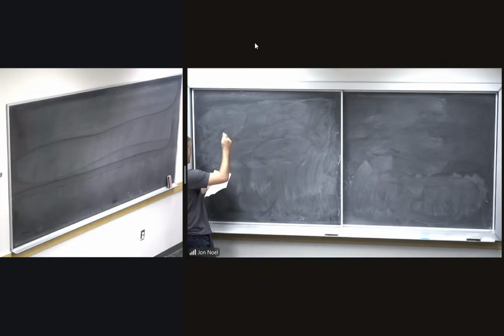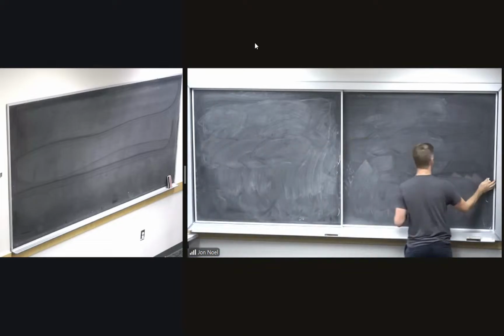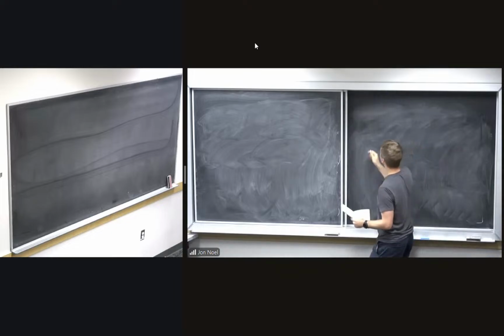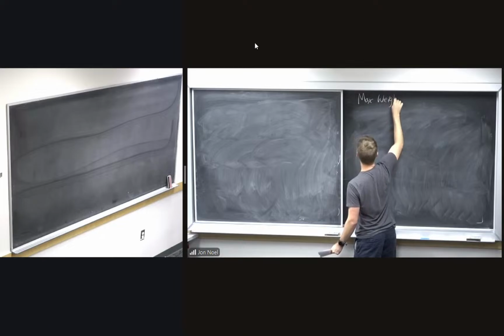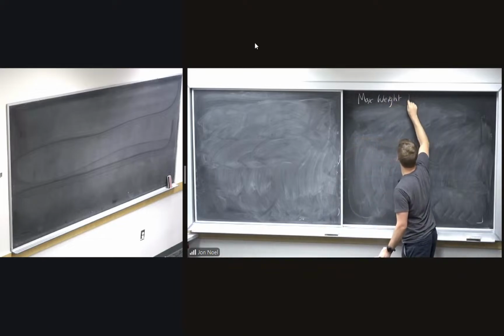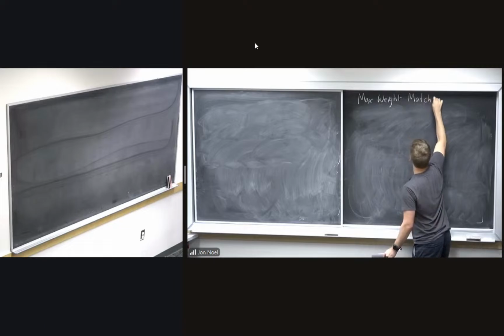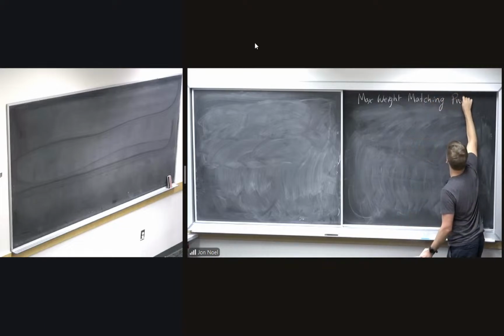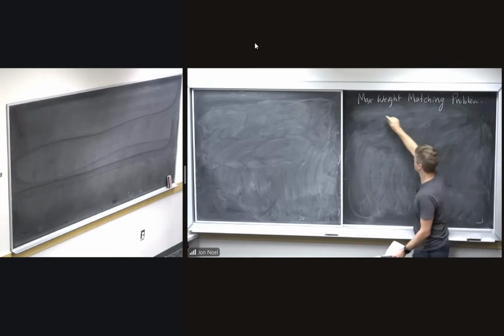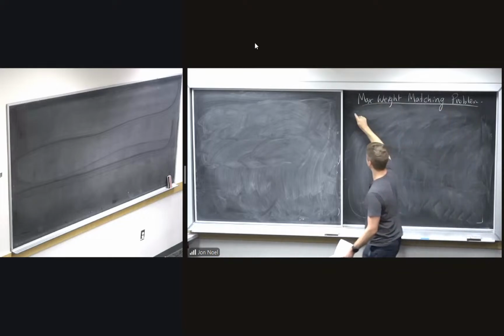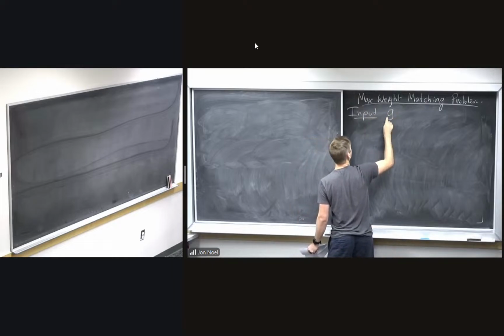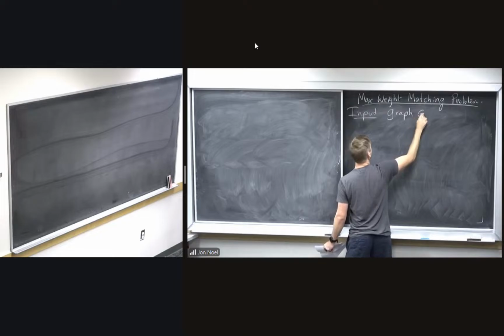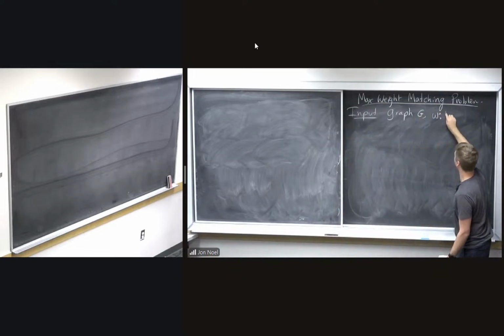We're going to do the maximum weight matching and perfect matching problem. Just to be clear, the idea is we've got an input, which is a graph G, and a weight function on the edges.